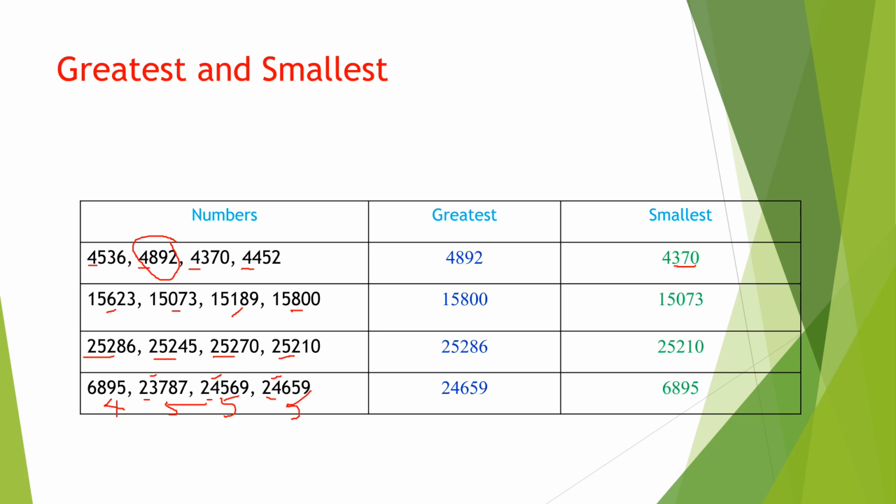So among these 2 numbers, we have to find the greatest number. So move to the next position, that is hundreds place digit. Here it is 5 and here it is 6. So the greatest number is 24,659.